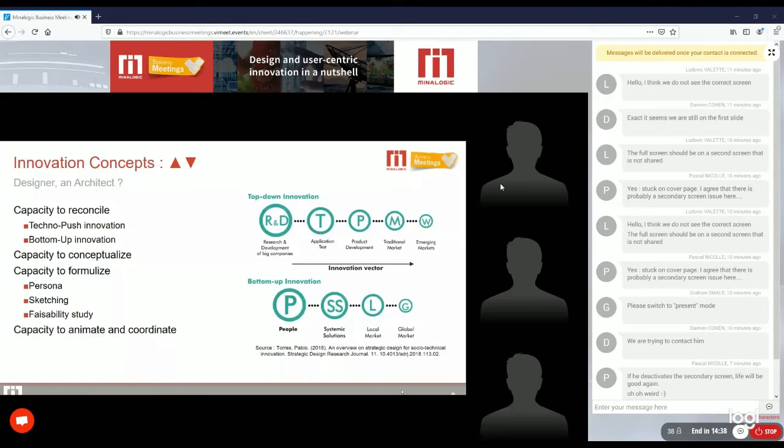And the last skill of the designer is the capacity to animate and coordinate the different people around the table. We have only two groups of people here on this slide: the final one, who is the user, and the first one, who is the engineer who conceives the product. But we will see that it's larger than that. Next slide, please.